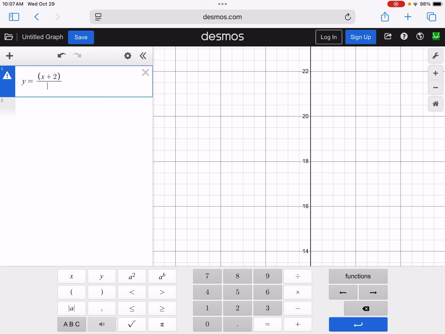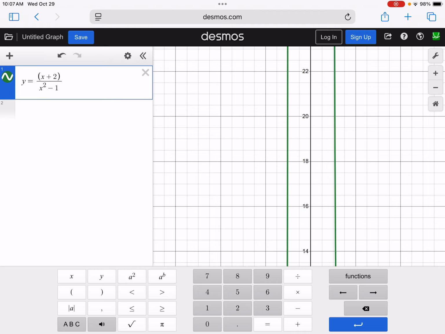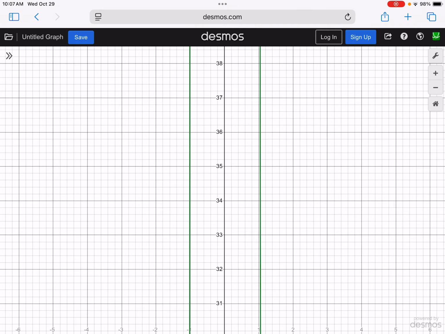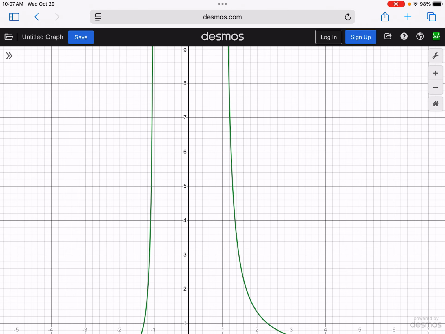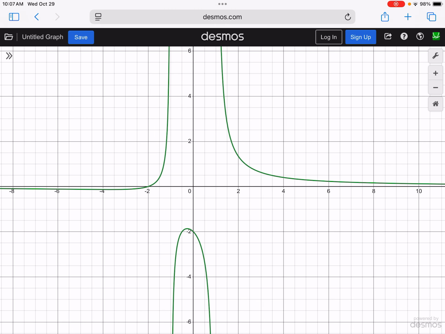I'm drawing a graph for that function. So this is the graph for this rational function.